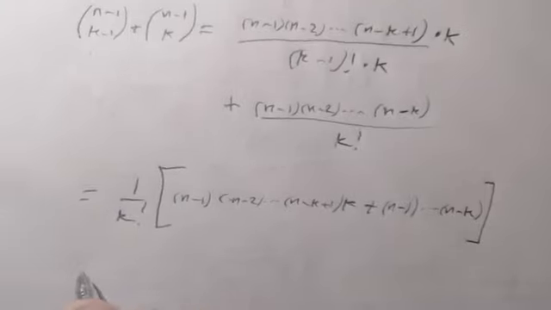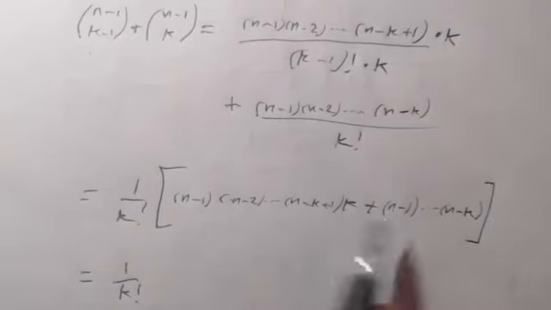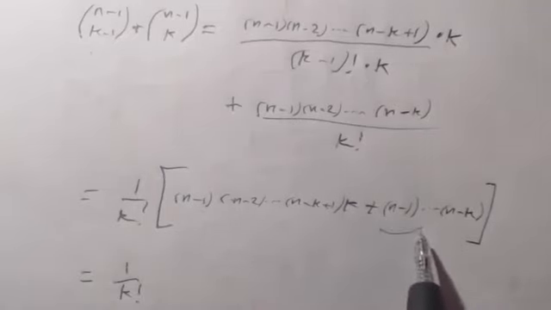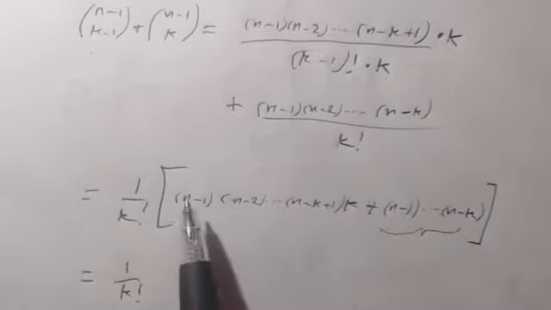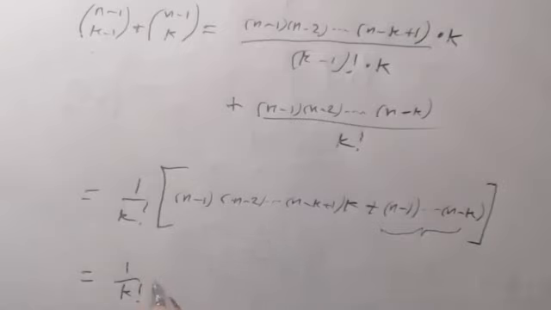This is equal to 1 over k factorial. Now both of these terms here have this as a factor, so this is equal to n minus 1, n minus 2, n minus k.